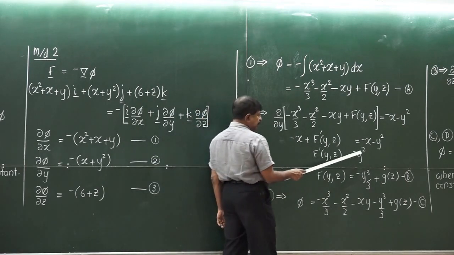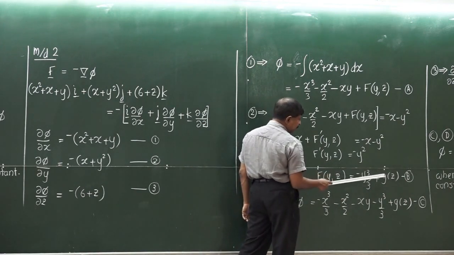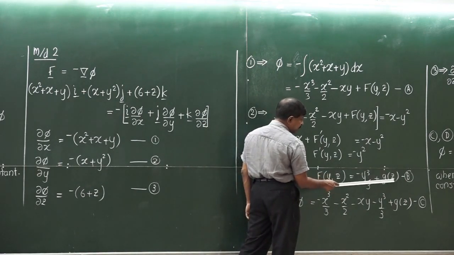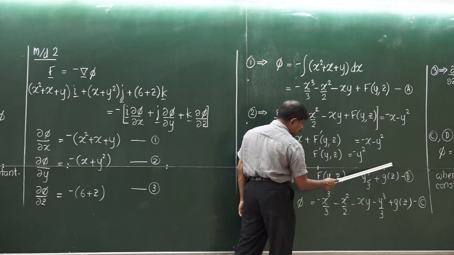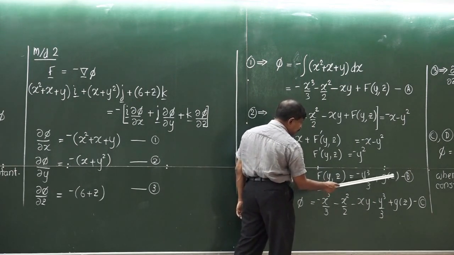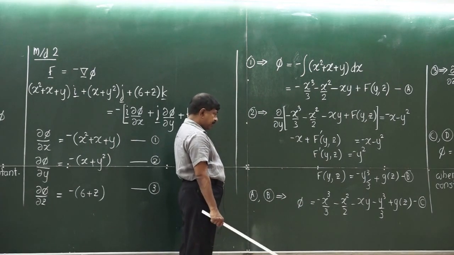Now, when you integrate it, you have y cubed over 3. Instead of an arbitrary constant, we still did not consider a function of the third variable z. That is an unknown part still. Therefore, you have to introduce a function of z.